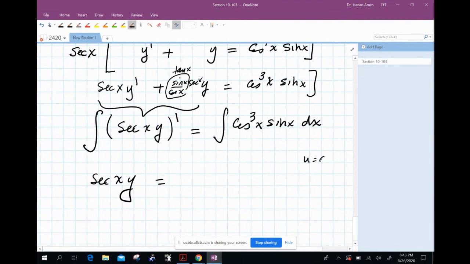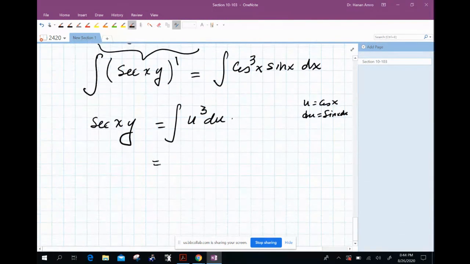So your u is equal cosine x, du equals sine x dx. Therefore, when I integrate, this is u to the third du, and u to the third becomes u to the fourth. The derivative of cosine is negative sine, so I have a negative outside.